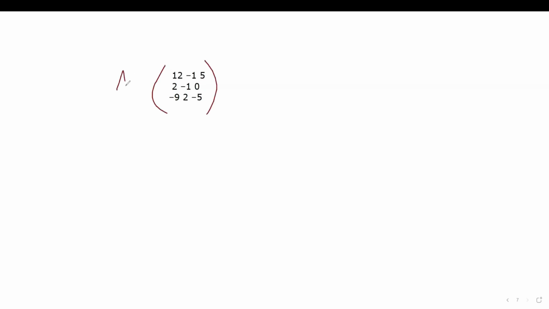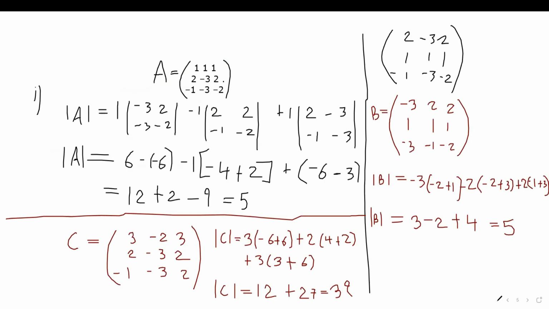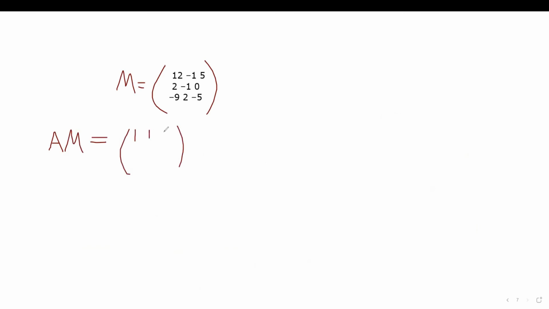All right, so if this is a matrix M, we need to know what is A times M. So of course, we know we're going to multiply them. What was A again? A was 1, 1, 1, 2, minus 3, 2. Just going to write it down. A was 1, 1, 1, 2, minus 3, 2.